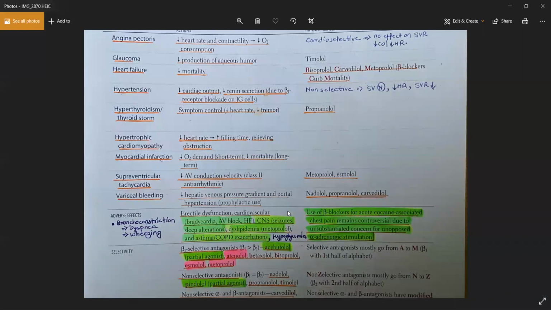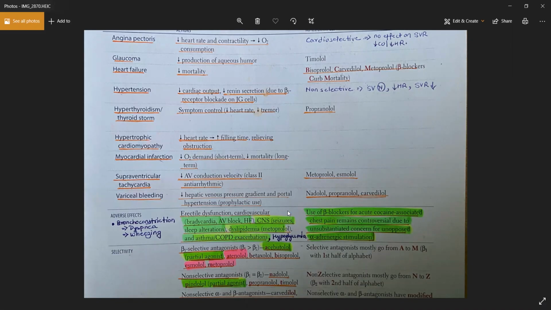So the sweating will still be present, hunger would still be present, but all the symptoms like the tremors, the anxiety, the high heart rate or chest pounding are masked. Just the sweating and the hunger would be present in such patients. So always be careful while giving beta blocker therapy to diabetic patients.